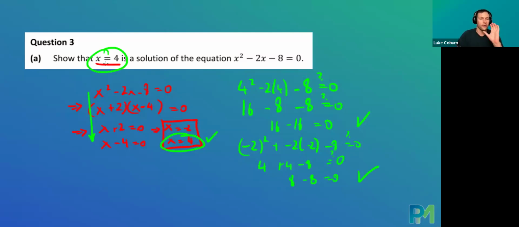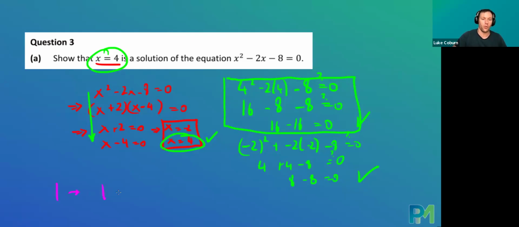However, a quicker and more laser focused way to do the question is to apply this method here, where we simply sub in the value of 4, and after we sub in the value of 4, we find it fits the equation. It satisfies the equation. That's not true for other values. Let's stick in something else, like 1.